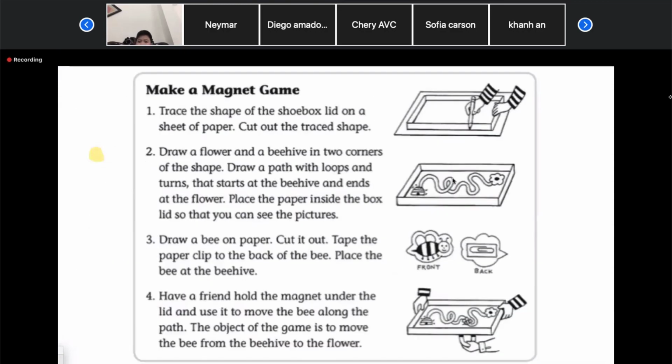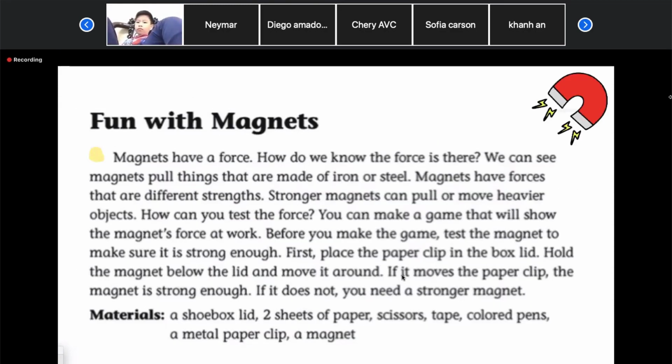What do magnets do? Let's see, Myth, do you see on the screen? Tell me about magnets' forces. Can you read that sentence to me, please? Magnets have a force. How do we know the force is there? We can see magnets pull things made of iron or steel.